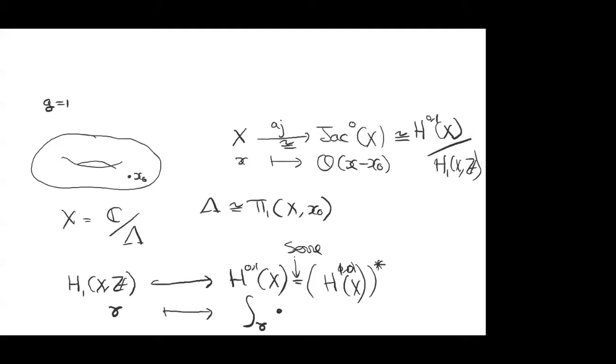So now, the Abel-Jacobi map can easily be seen to be an isomorphism by writing it in a slightly different way. To each point, one assigns the integral over any path from the base point to x.